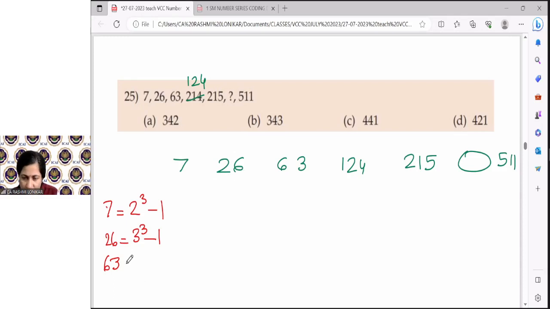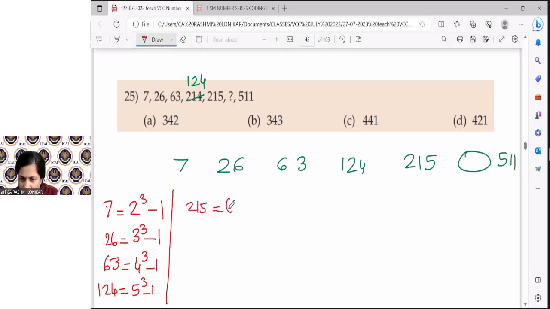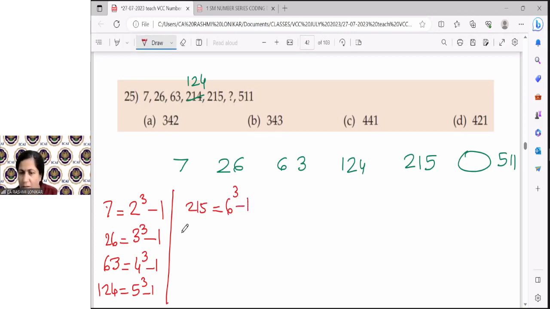So 63 is 4 cube minus 1. 124 will be equal to 5 cube minus 1. 215 is equal to 6 cube minus 1. Then something, I don't know, this is equal to 7 cube minus 1.